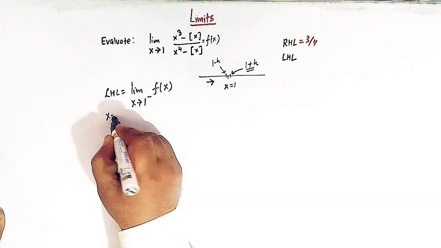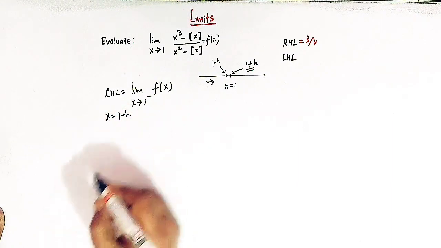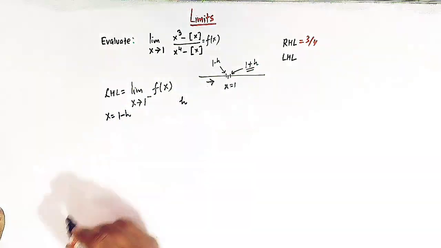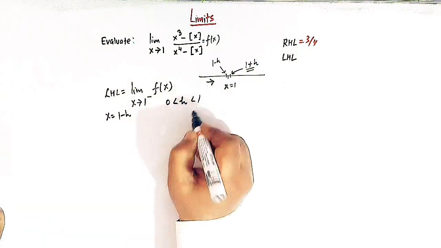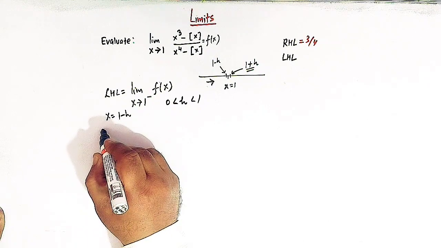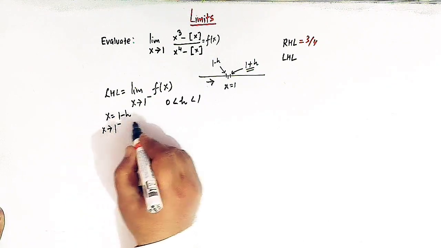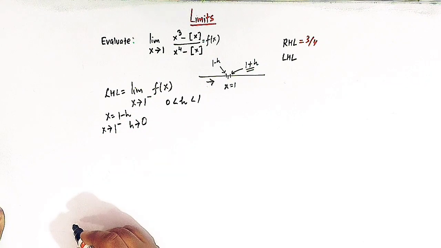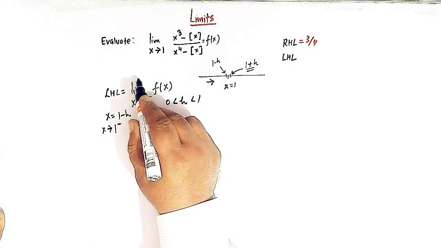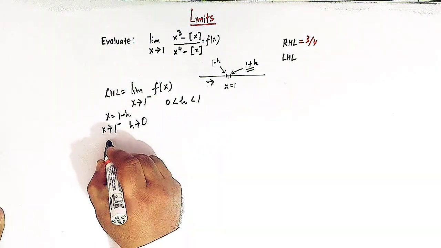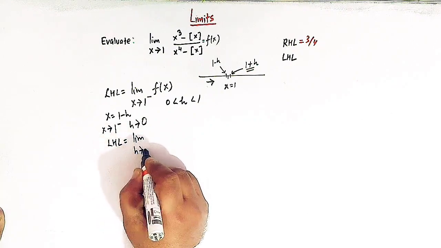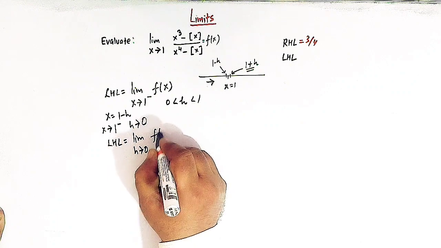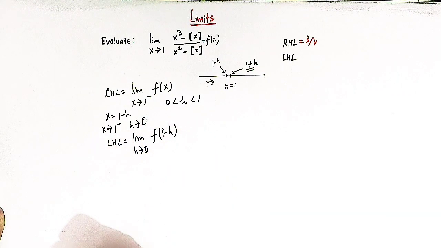So we'll take x equal to 1 minus h, and again h is infinitesimally small, and it lies between 0 and 1. And when x tends to 1, then h tends to 0. So now expressing this limit in terms of h, the left hand limit is given by limit h tends to 0, and we have f of 1 minus h, right?